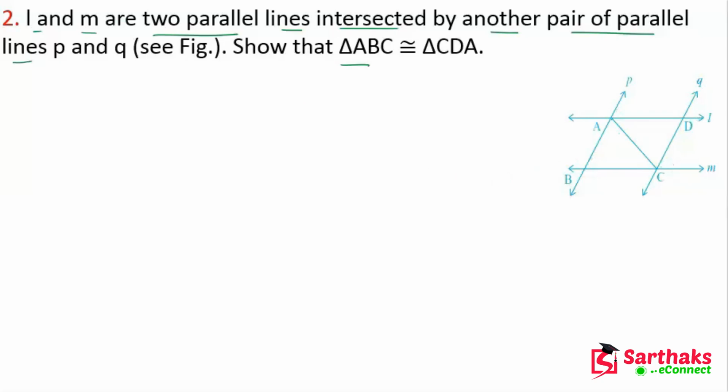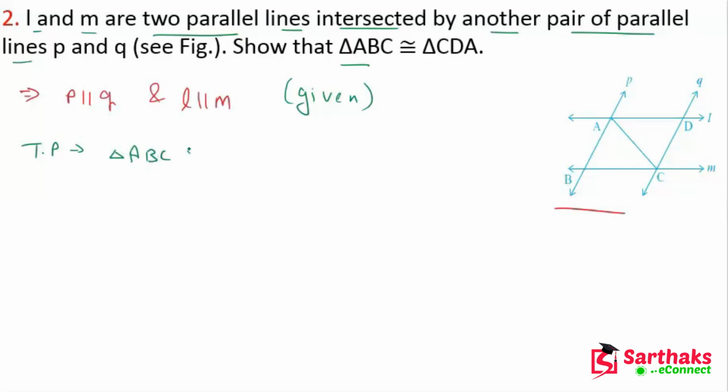Here we have this figure, and it is given that P is parallel to Q and L is parallel to M. This is given, and we have to prove triangle ABC is congruent to triangle CDA.